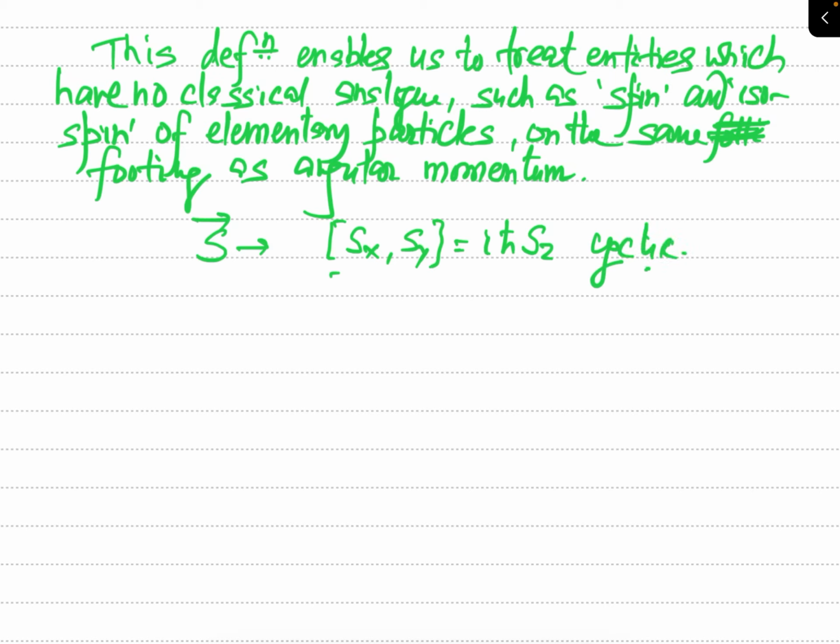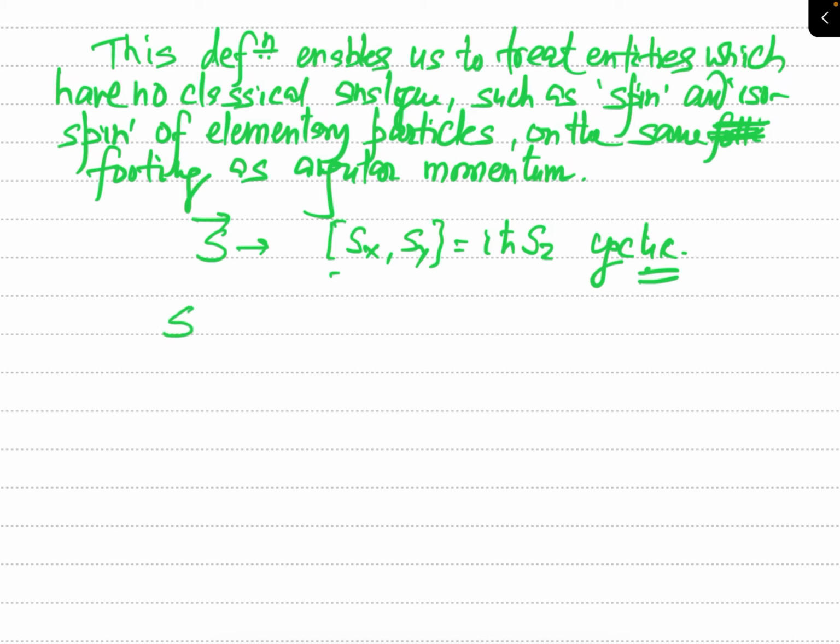Similarly, you can write the other commutation relations, so I have written here cyclic. And that's why we call this spin an angular momentum in quantum mechanics, but this spin has no classical analog. You cannot define this spin in terms of the position vector r and the momentum vector p.